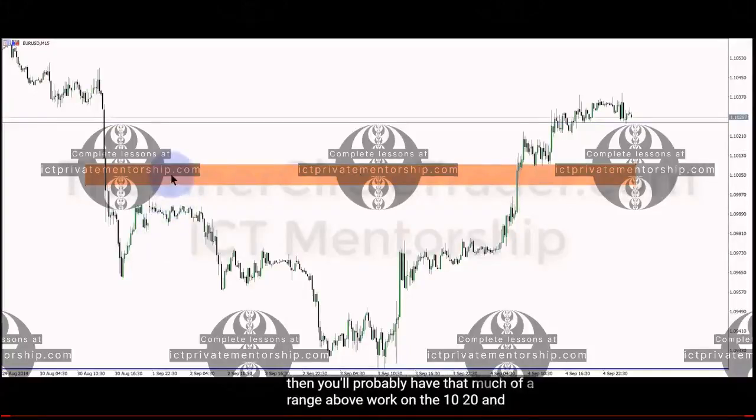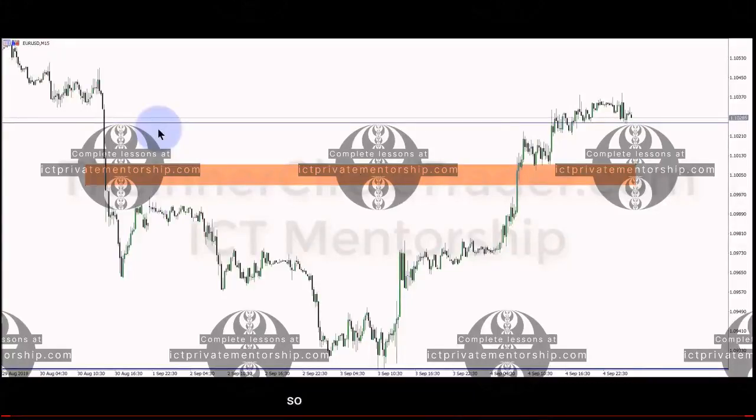Work on the 10, 20, and 30 pip sweeps. But if it works out to be like a 15 pip or a 25 pip range between low to high in that dealing range, then you would look for your 5, 15, and 25 pip, respectively, above the high looking for liquidity. So what you're looking for is a combination of both of them.